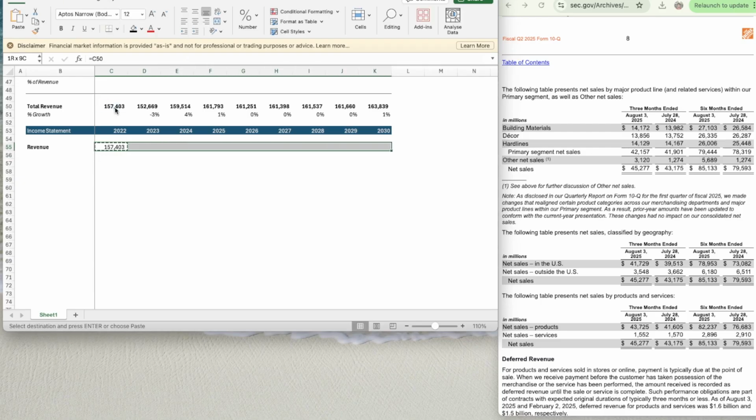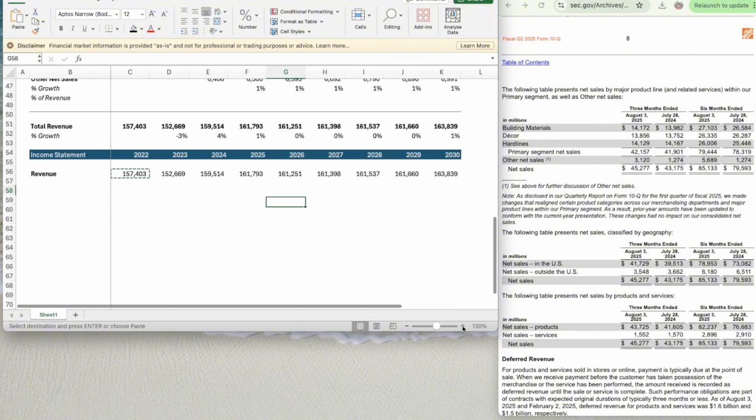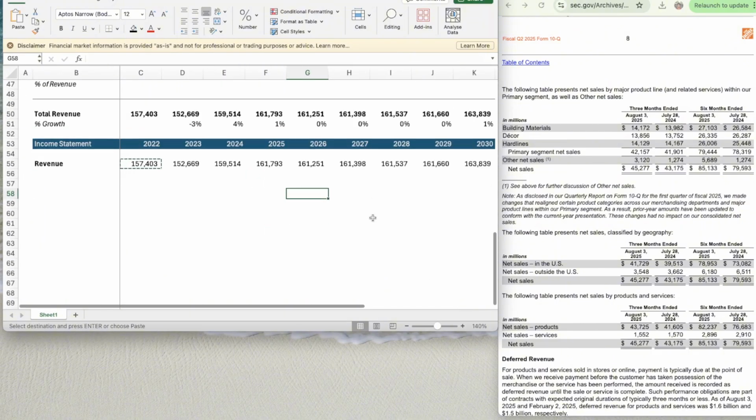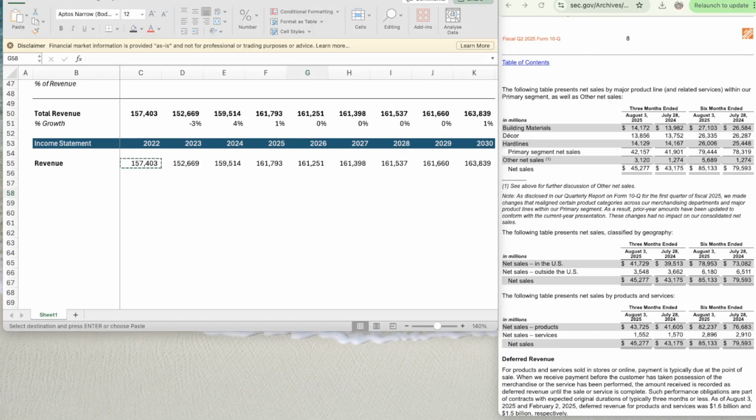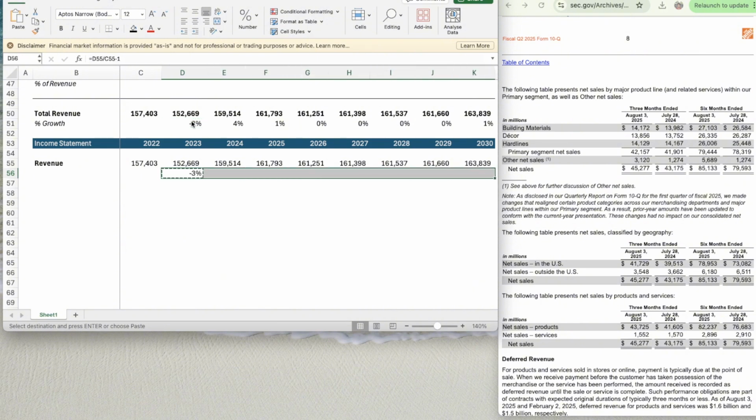We just copy it all across. Sorry, let me zoom in for you guys. There we go. And then, okay, that's done. And then again, we just copy the growth.